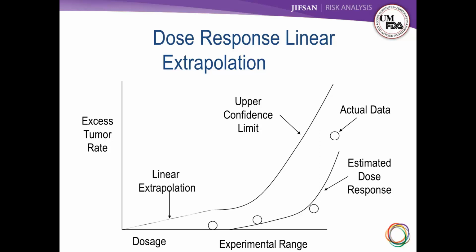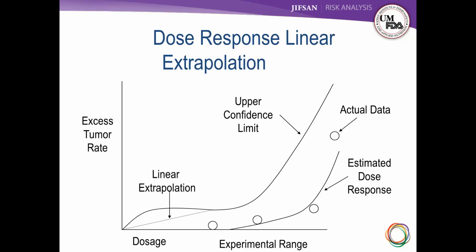Well, it turns out that in the United States, most of our agencies say you take the upper confidence limit and you take the 0,0 origin, and taking the 0,0 origin means we make an assumption that there is no threshold. There is no amount of this chemical that is absolutely safe. Even one molecule has some small cancer risk. Then we get a ruler and a pencil and we connect the 2 points.